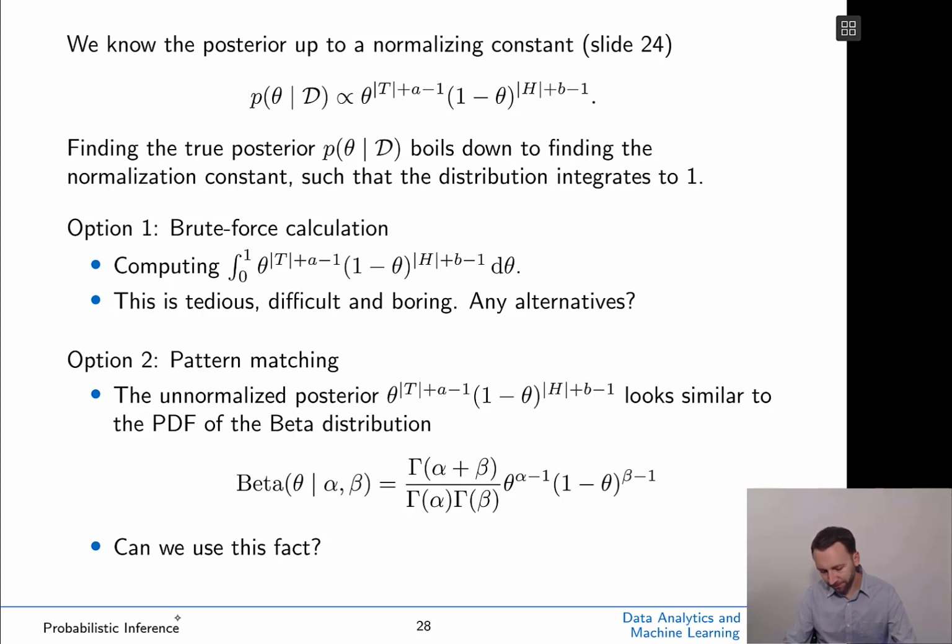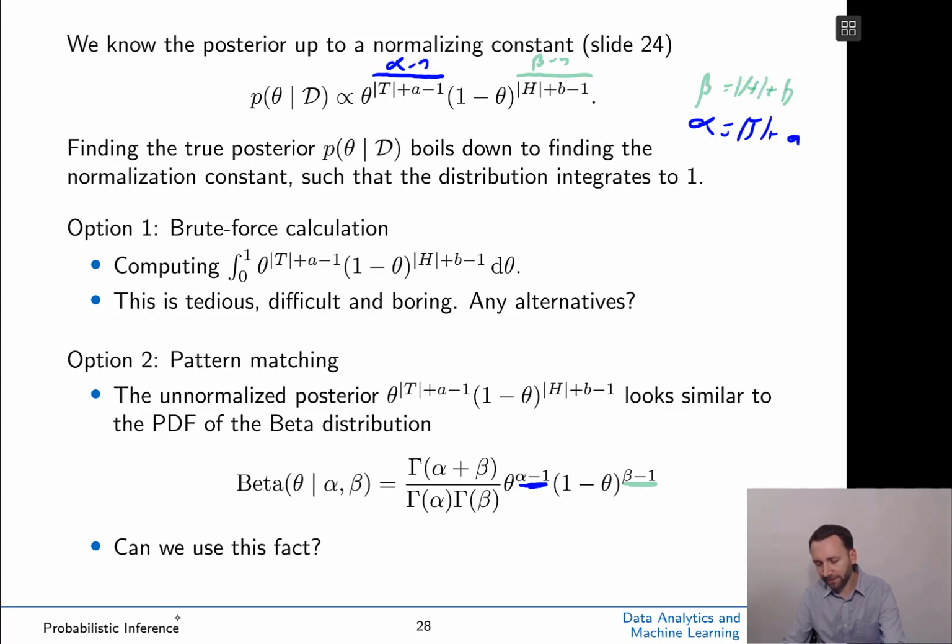Put differently, here we have some alpha minus 1. Wait a second, we could call this here alpha minus 1, right? Here's some beta minus 1. Wait a second, let's call this beta minus 1, right? Or put differently, we can say beta equals h plus b and alpha equals t plus a.